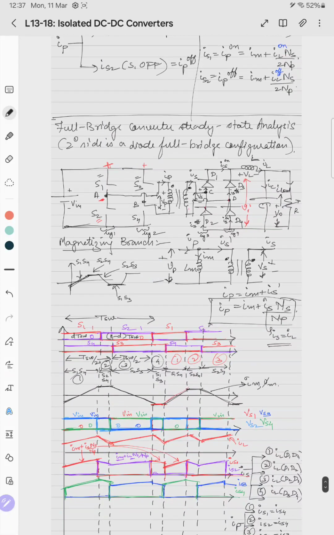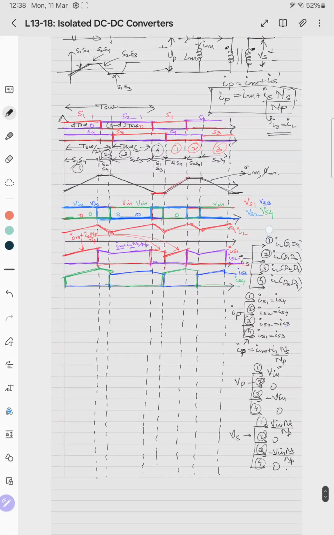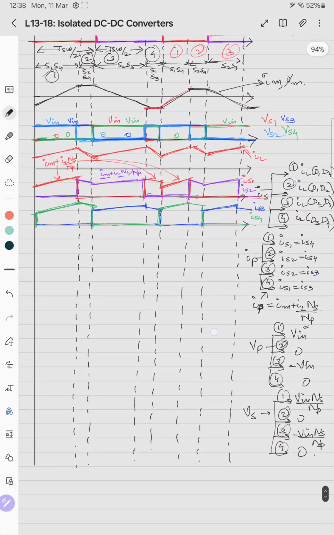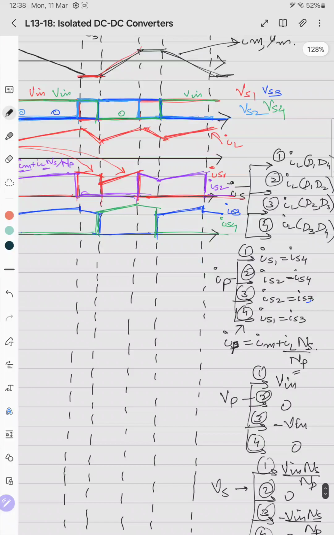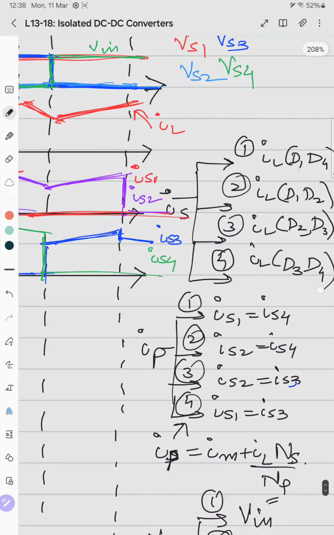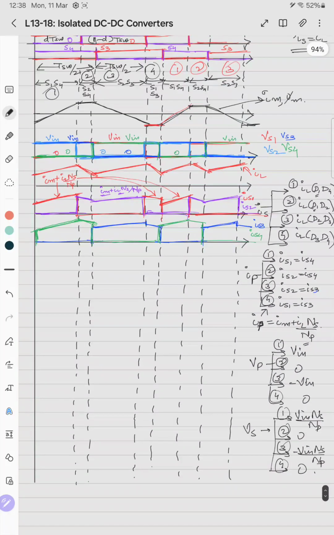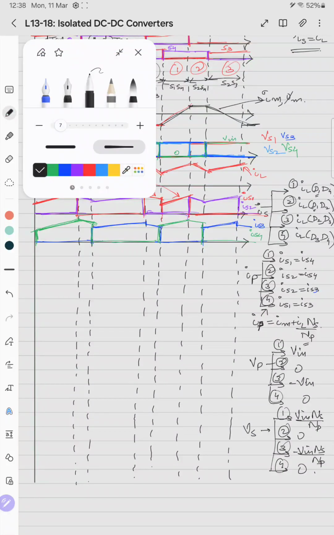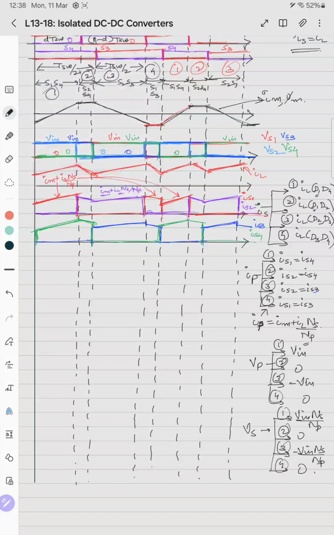Now we'll go to the secondary side. Diodes. We have to draw the diode current. Now we'll use these relations of IS. So using this relation, we can say that the diode current D1 appears only in case 1 and case 2, and that is equals to the inductor current. So we'll draw the inductor current only for time 1 and 2. That is equals to the diode current D1. That is very simplest analysis to do.